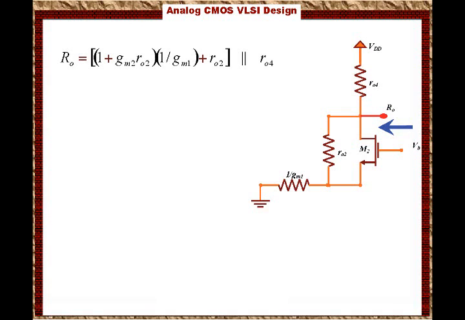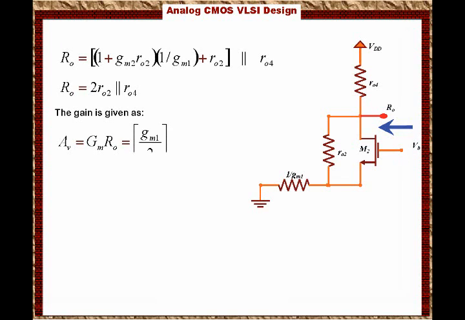So the way we did this is basically by analysis, and the output resistance RO is approximately equal to 2 RO2 in parallel with RO4. Then the gain is given as AV equals GM times RO, which equals GM1 over 2 times 2 times RO2 in parallel with RO4.